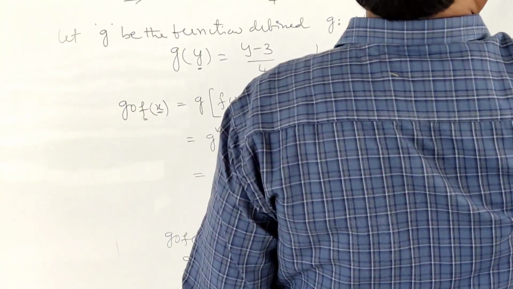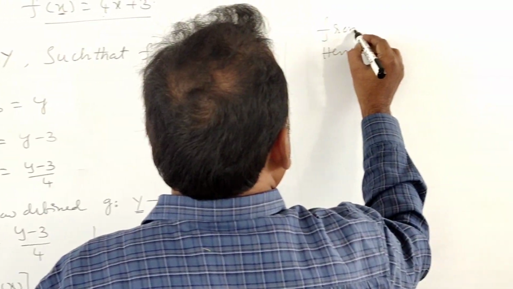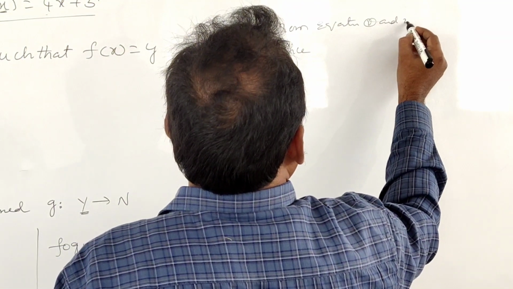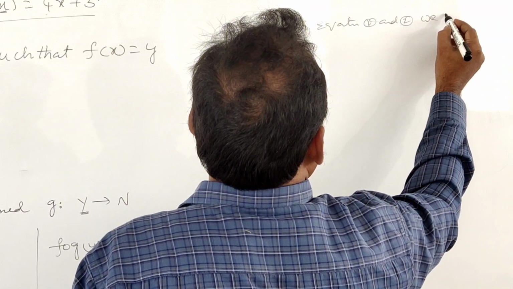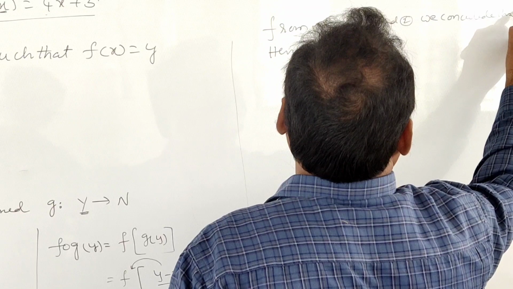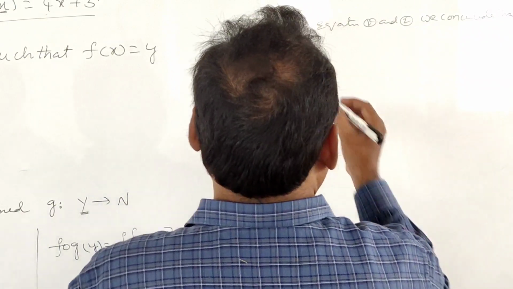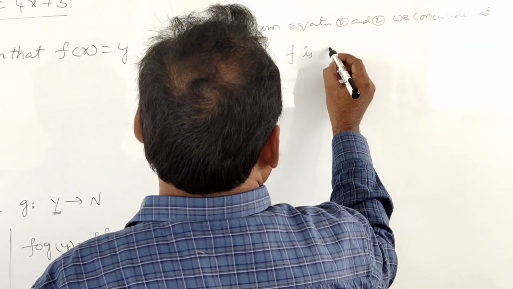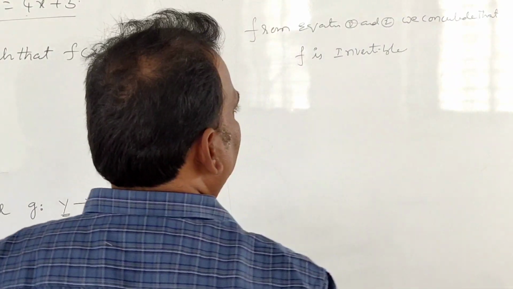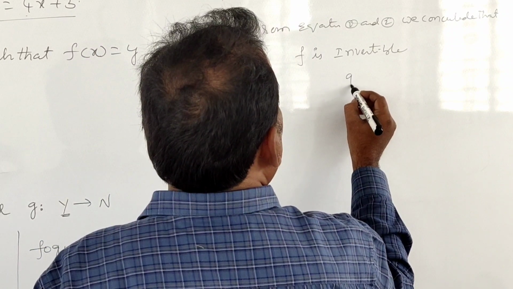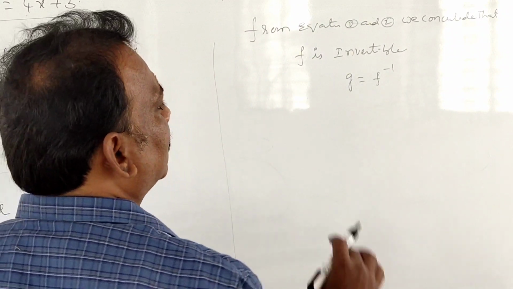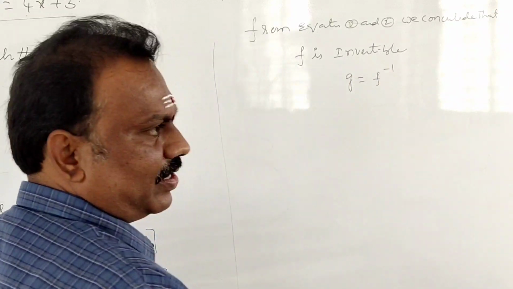So from equation 1 and 2, we conclude that f is invertible. F is invertible. If it is invertible, g is equal to f inverse. This is the formula. That means what is f inverse? G function is called f inverse.